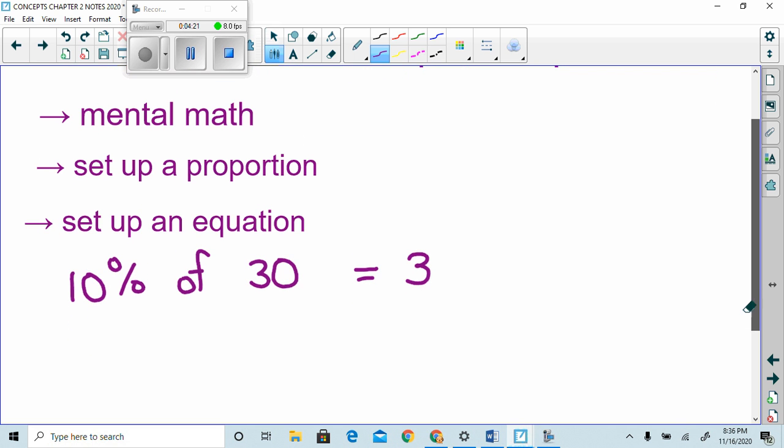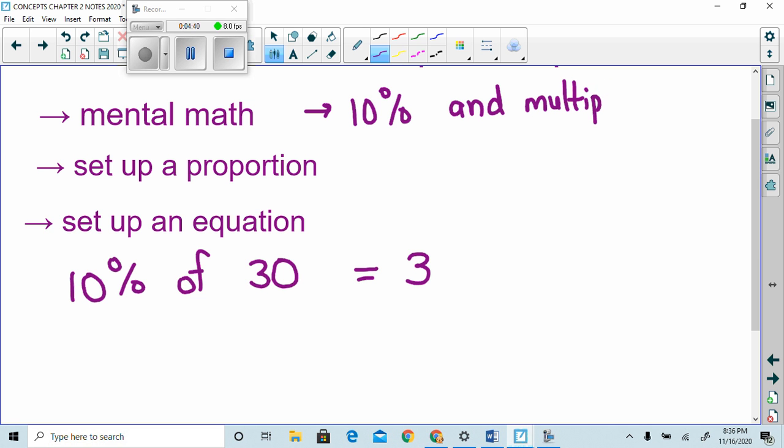Let's take a look at mental math. Finding 10% of a number is easy, and this mental math technique works with 10% and multiples of 10%. It doesn't work with 12% or 32% or 75%.